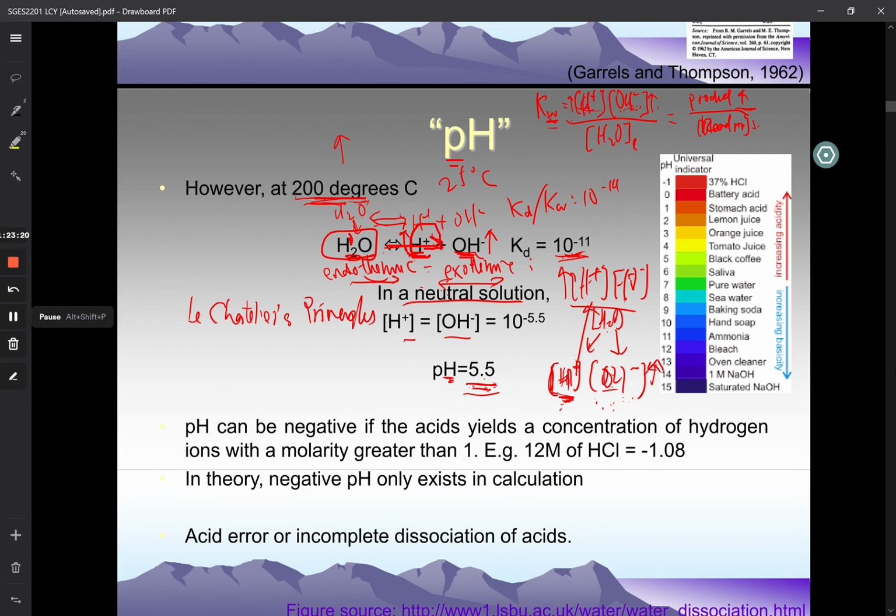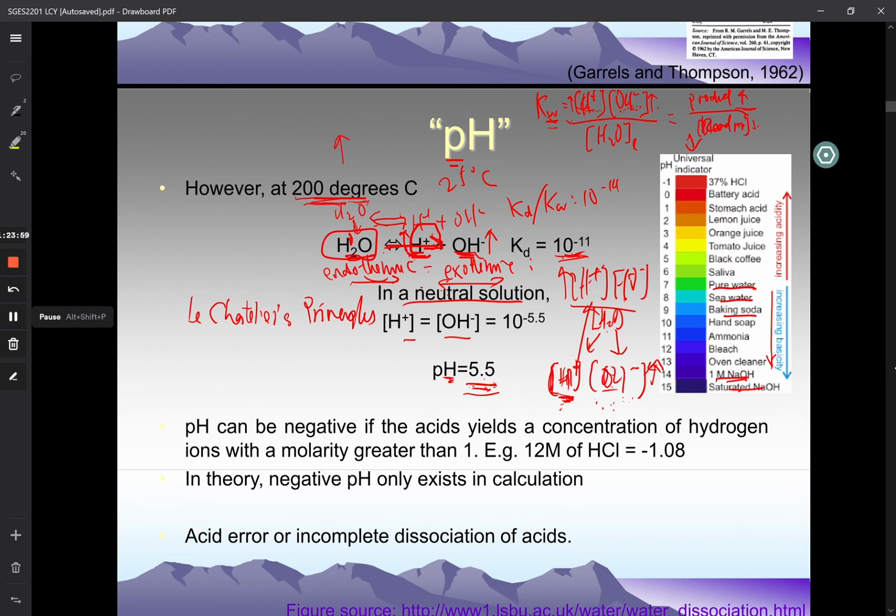So here you see the chart plotting the solutions with increased acidity, and the types of solutions that increase the basicity. Pure water at 7, and then seawater at 8 to 8.2, and then baking soda at a pH of 9, until you have NaOH, which has a pH of 14.